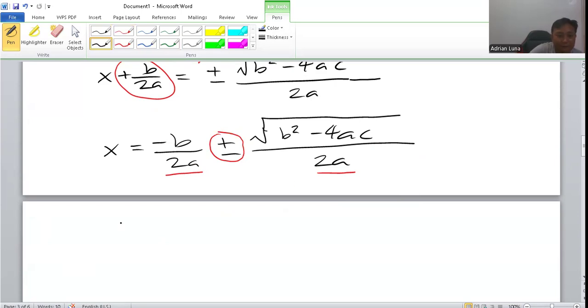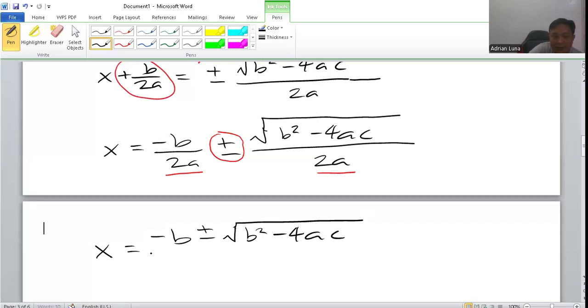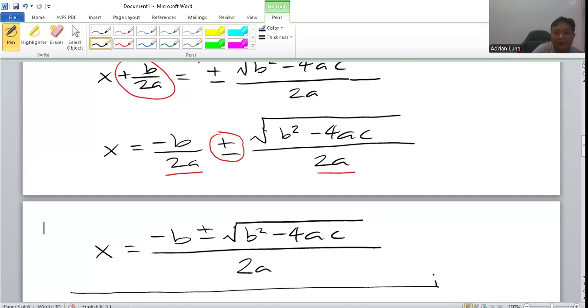We have x is equals to negative b plus or minus the square root of b squared minus 4ac all over 2a. And this formula is now our quadratic formula na nanggaling sa quadratic equation.